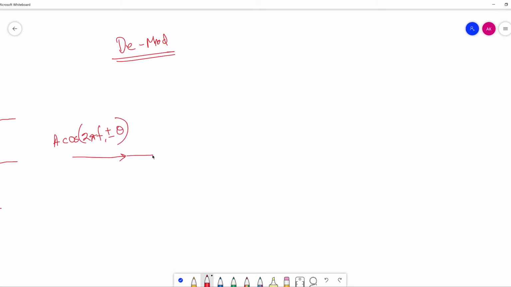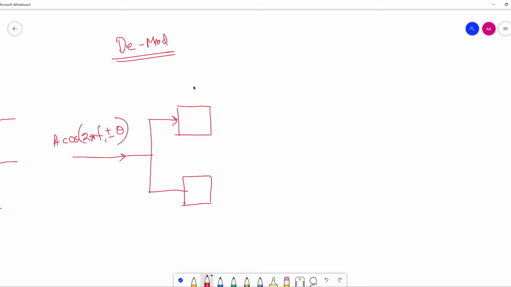Now we have to actually detect the signal first of all. So what we need to do for that, so this is one kind of detector, you can call it synchronous detector. So first of all, we have to multiply this signal with the same carrier frequency.